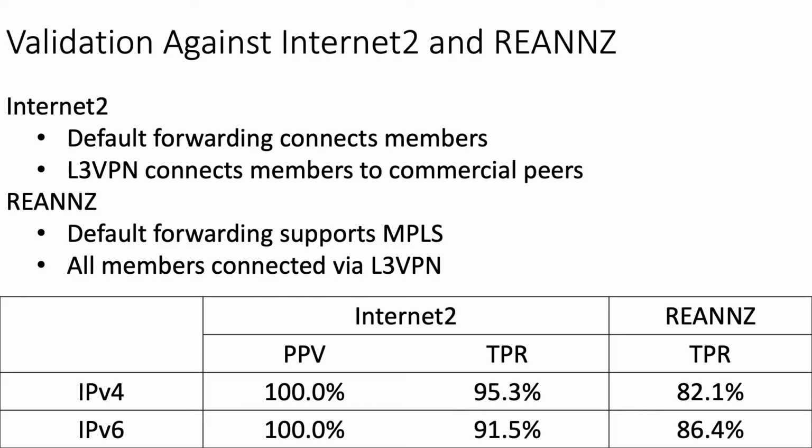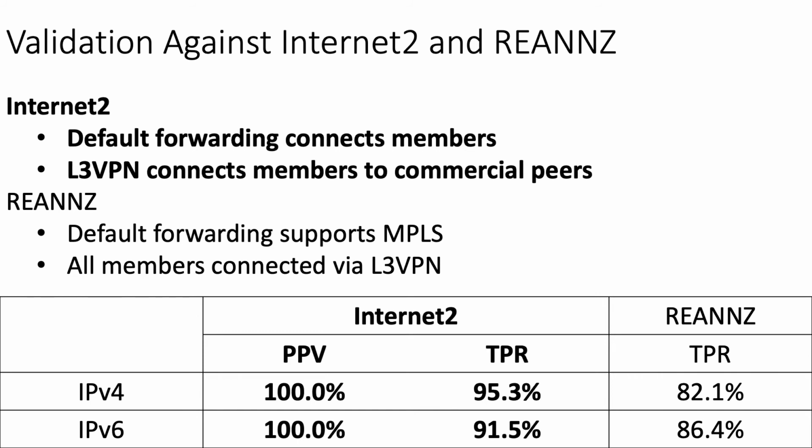And then we also validated vrfinder's inferences against ground truth from two large R&E networks, Internet2 and REANNZ. Internet2 uses its default forwarding network to connect member networks and its L3 VPN to connect some of the member networks to commercial peers.